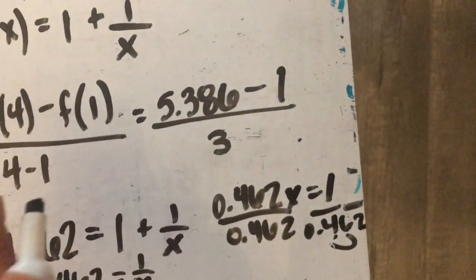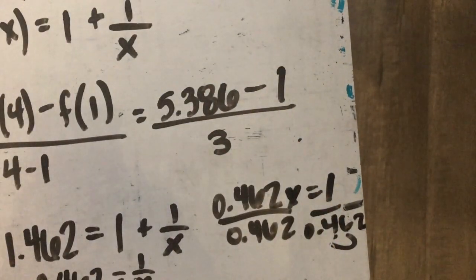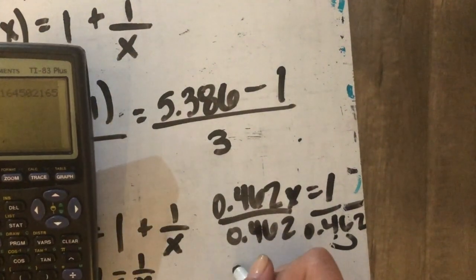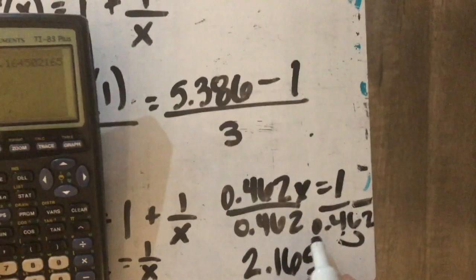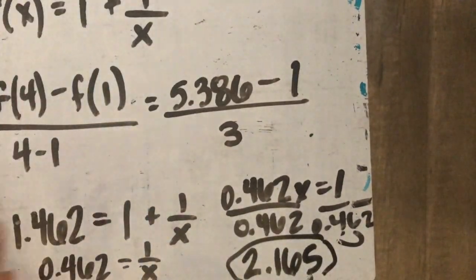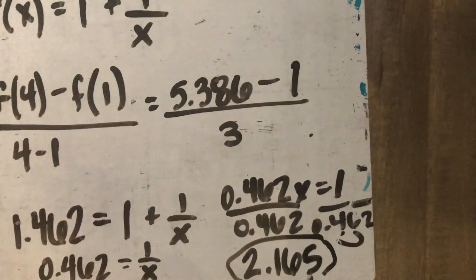And then 1 divided by 0.462, putting that in the calculator, except I just did minus, don't do what I do, catch yourself when you do that, is 2.165, rounding to 3 decimals, because it's a calculator problem. There you go. That is our answer.